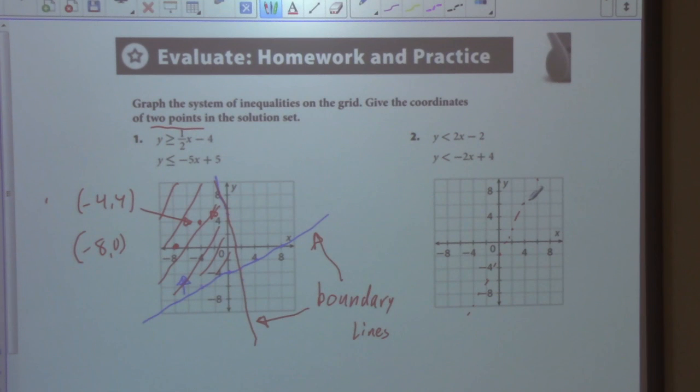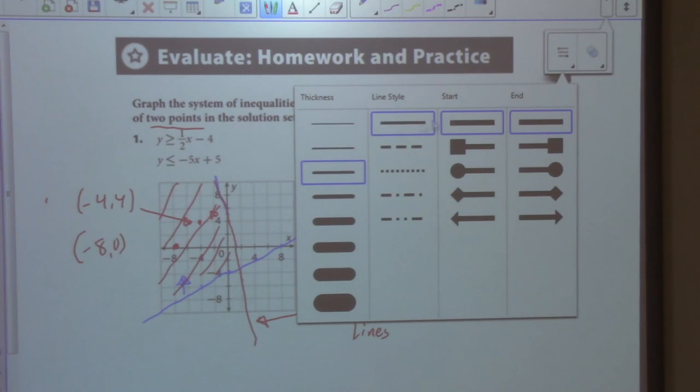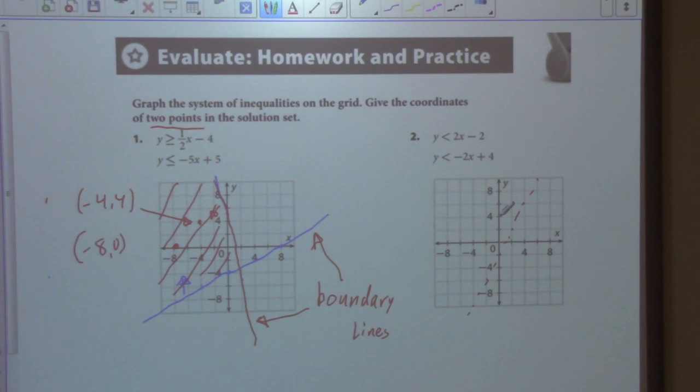And then the next one I started at +4 and then went down 2 over 1. So +4, down 2 over 1, sort of like this. Yep.